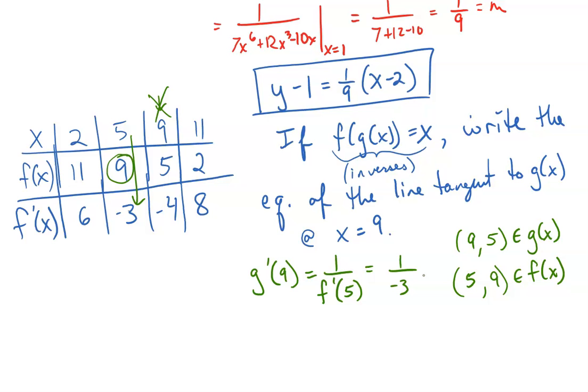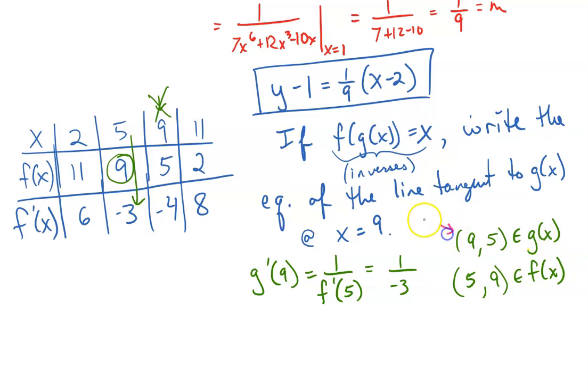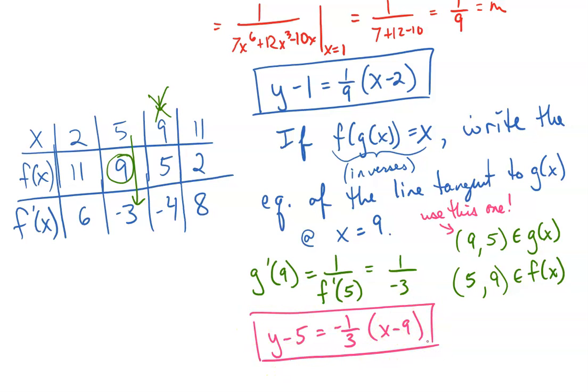And again, writing the equation of the line, we use the point that is on the function that we are drawing the tangent line to. So y minus 5 equals -1/3 times x minus 9. Let me know if you have any questions.